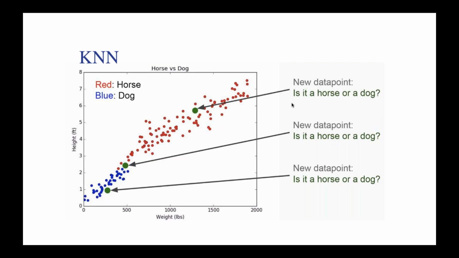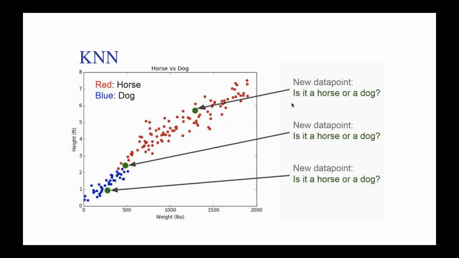Okay, understand the problem statement? Let me repeat again. You have to train the model using this data set so that in future if I give you new data with weight and height record, your model should be able to predict which class it belongs to, either a horse or a dog. That is the problem statement.